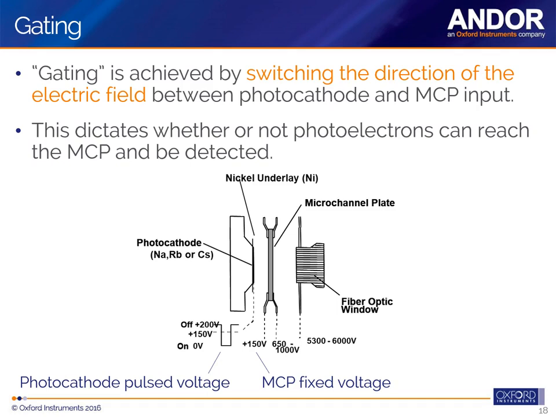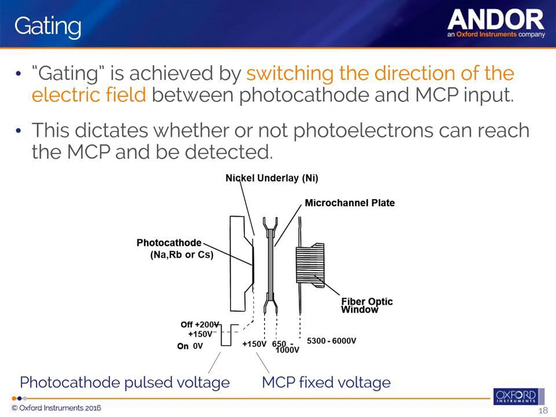The photocathode voltage is however toggled to effectively reverse the direction of the electric field between the photocathode and the MCP. And this photocathode is basically toggled between 0 volt and 200 volt here. So you can see that depending on whether it's 0 volt or 200 volt, the electric field would go toward the left-hand side, toward the MCP, or toward the right-hand side.